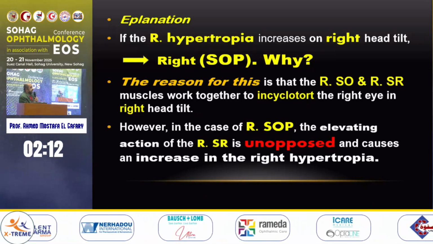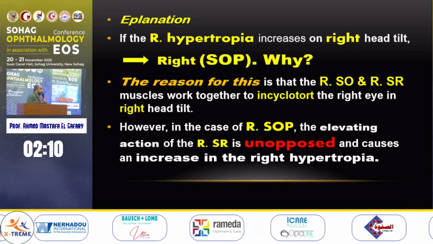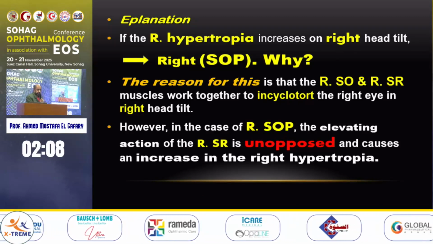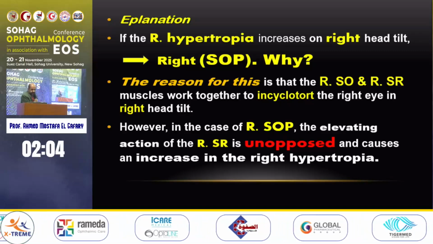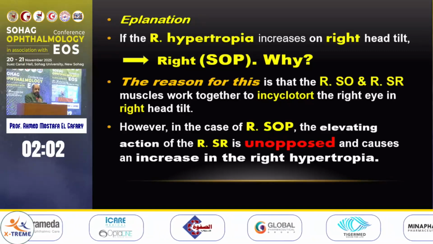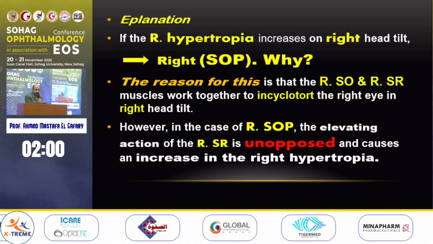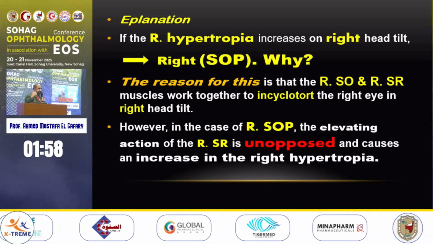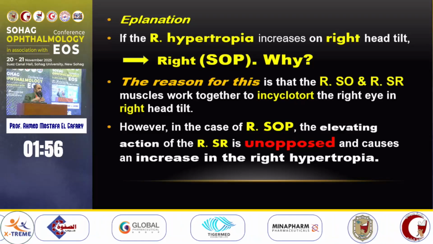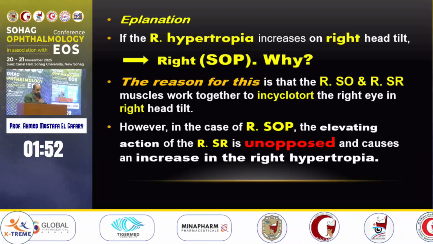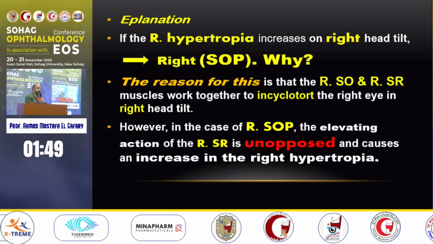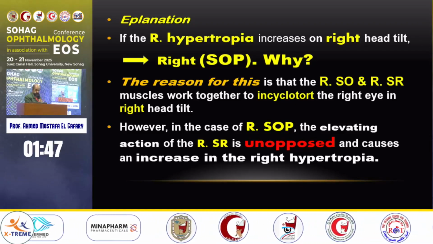Why does hypertropia increase in case of superior oblique palsy with tilting of the head to the same shoulder? The reason is that the right superior oblique and right superior rectus, as we mentioned, the superior muscles lead to intorsion, work together to make intorsion, but the superior oblique is paralyzed.